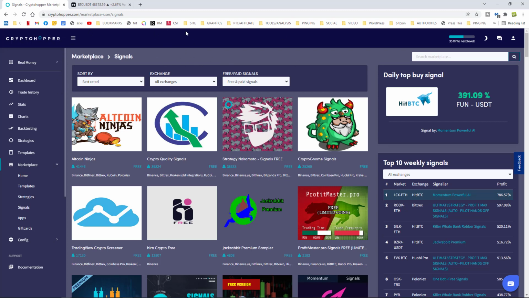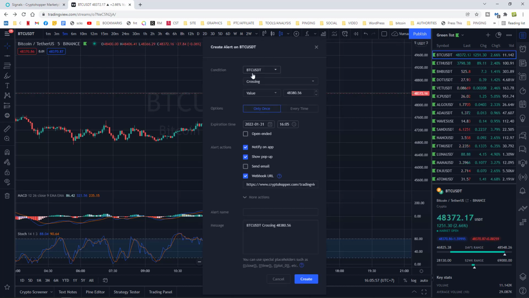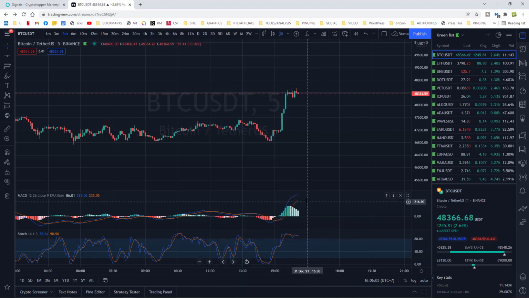Another way is by using TradingView, which works really well. You can set alerts in TradingView, and you can make the bot buy based on certain parameters that you put into TradingView. I'll also put that in the secret sauce for you as well. I've got a video to add to the secret sauce showing the TradingView method.